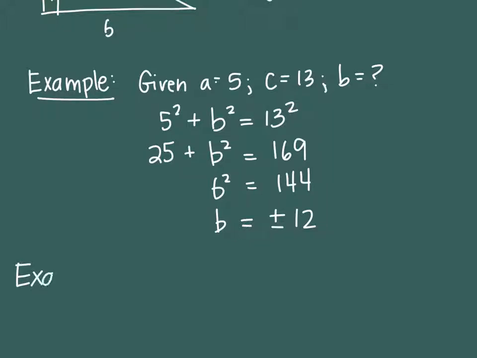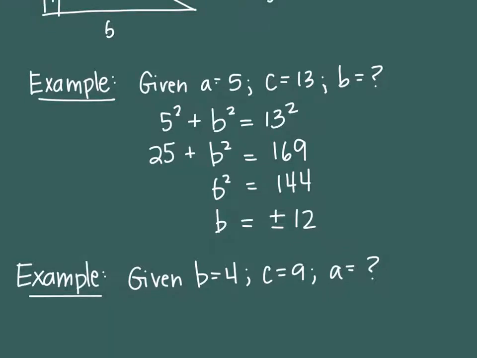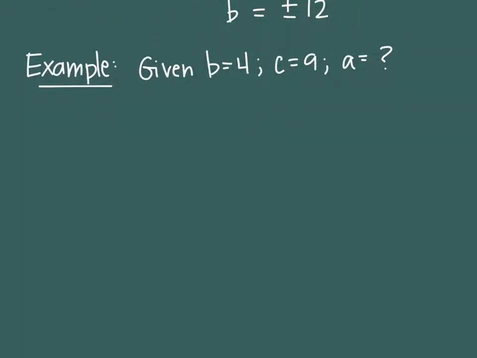Okay, let's do another example. Another right triangle might have a different set of values. Perhaps this time we know B is 4 and C is 9. That leaves A as the unknown side. Since it's a right triangle, that relationship still works. So A squared plus 4 squared equals 9 squared, which simplifies to A squared plus 16 equals 81.